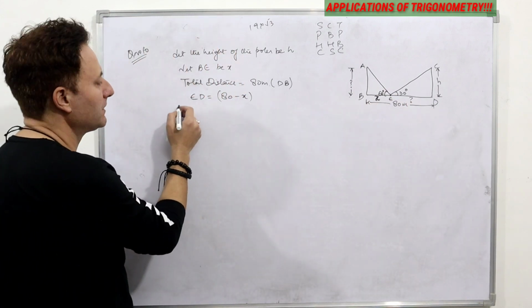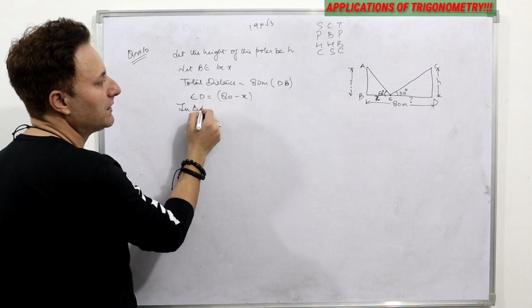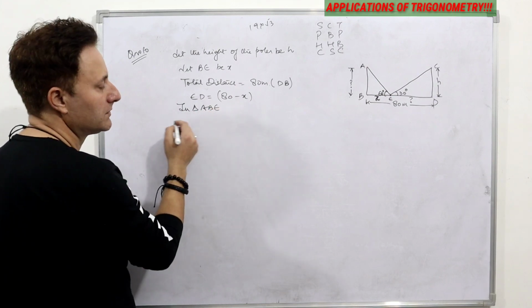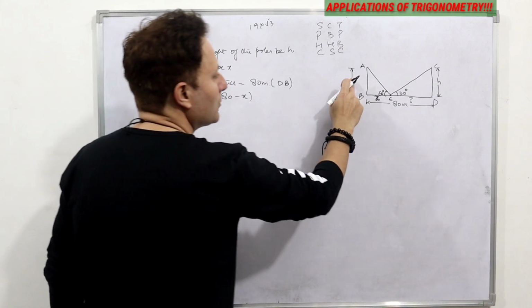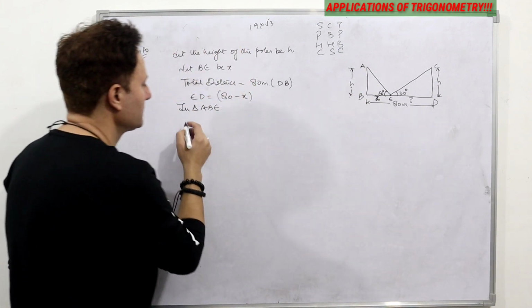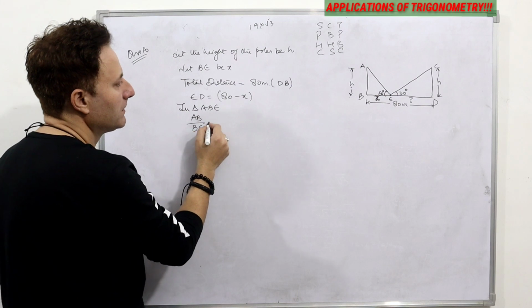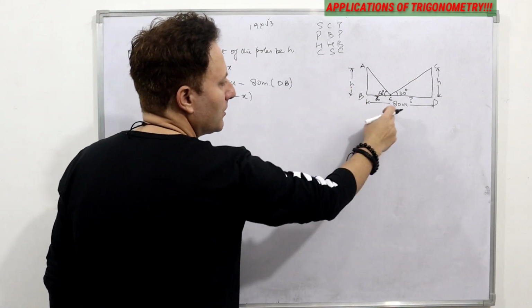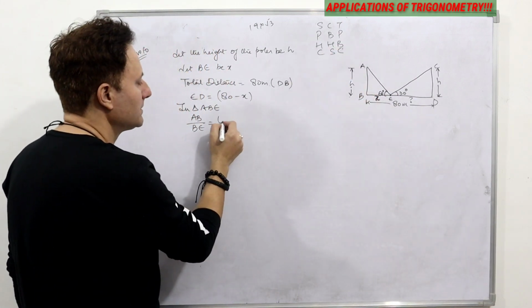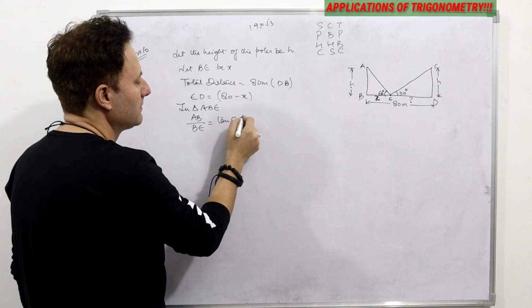So let us take the triangles now. I'll say in triangle ABE. Now this is also h, so let's put this as h. AB upon BE is equal to perpendicular upon base, tan 60.